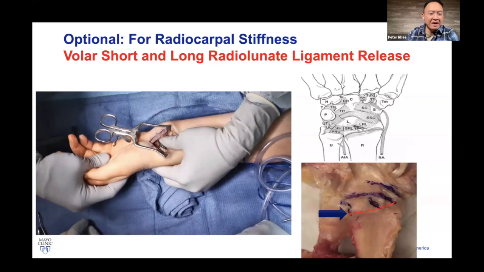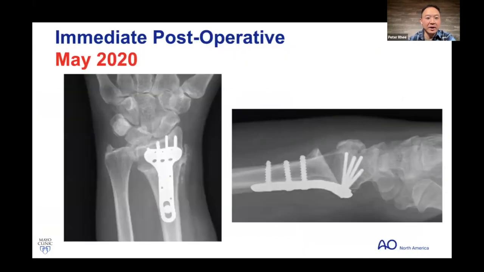Having done this for a lot of different patient pathologies that I treat, doing this very conscientiously, the volar and the long radiolunate, preserving the RSC, I was able to get pretty good motion, so I can give her a little jump up on her rehab afterwards. But then you have to trust your fixation to let them move and not be casted the entire time. This I did on her, and I think it helped quite a bit.